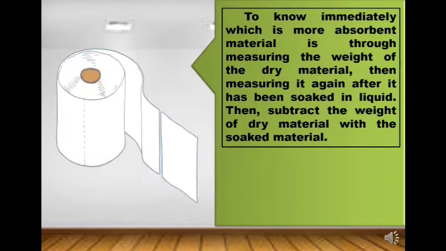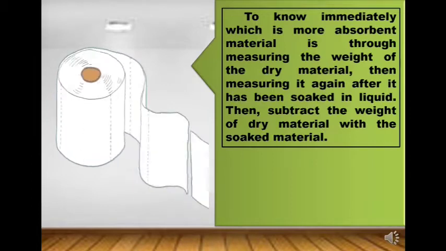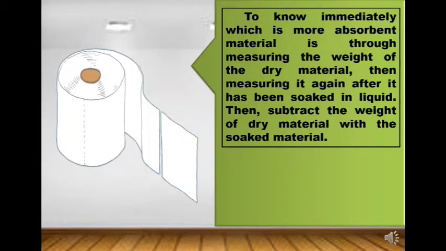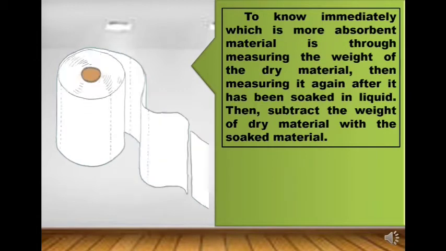So, i-measure muna yung weight o yung bigat niya pag wala pa siyang na-absorb na tubig. Then, tsaka i-measure ulit pag may na-absorb na tubig, then isusubtract yung weight ng meron ng liquid dun sa wala pang liquid.